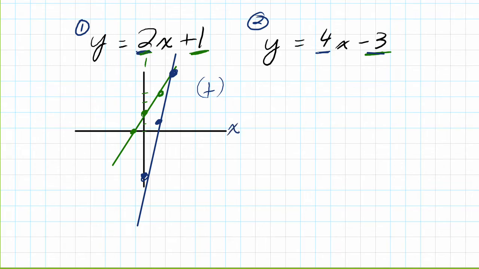Here's our x value and y value. Graphically, on a sketch that isn't drawn to scale, we get a general idea where they intersect, but we'd have to be really specific, and it may not even be whole numbers. So what we're going to do next is algebraically solve through substitution. This is a tricky thing, and this is a big part of your math this year, we'll call it.